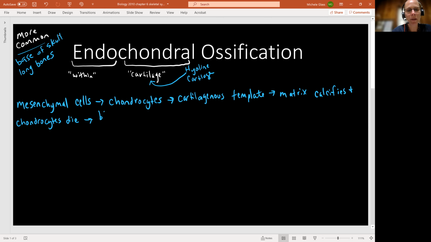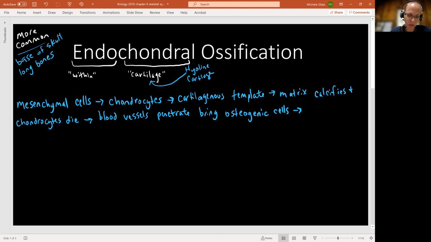Next, blood vessels penetrate, and they bring with them osteogenic cells. Osteogenic cells, we should be getting a pretty good understanding here. They are stem cells. They're going to ultimately give rise to osteoblasts, which make our bone. Once completely surrounded by bone, those osteoblasts become called osteocytes.